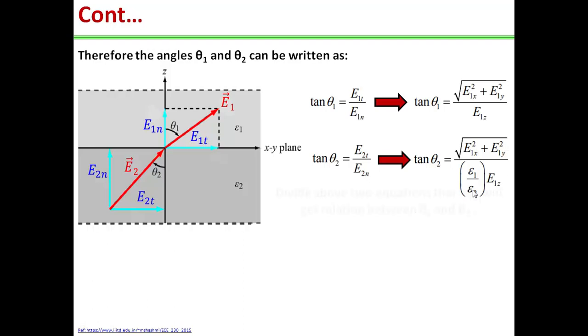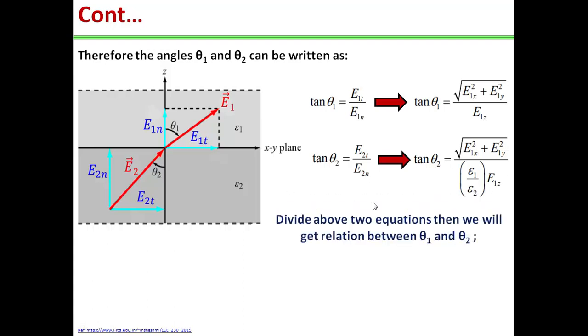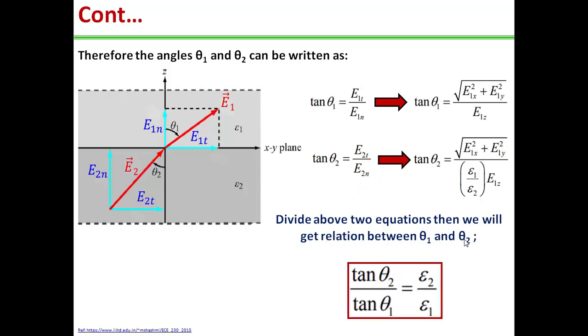Now what will be the relation? Divide the above two equations, then we will get the relation between theta 1 and theta 2. After dividing, tan theta 2 divided by tan theta 1 will be equal to epsilon 2 divided by epsilon 1. This is the actual relation between theta 1 and theta 2 in terms of the permittivity of the two media.